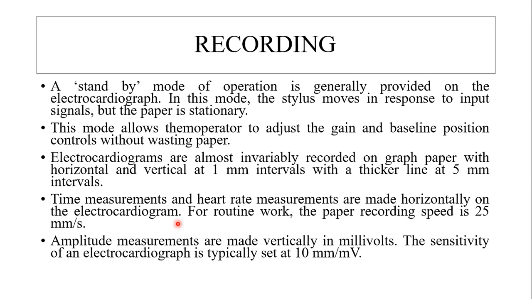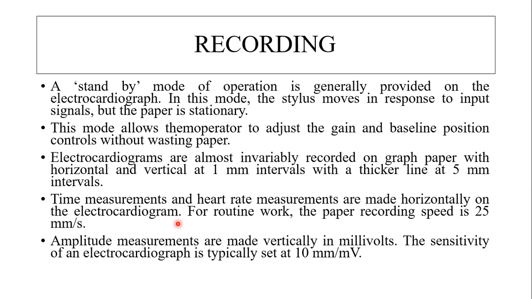The basic advantage of this mode is that gain and baseline position can be set without wasting paper, and to get an accurate ECG signal, it is a type of calibration of the pen.